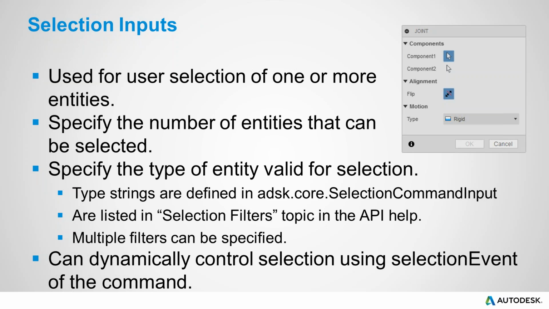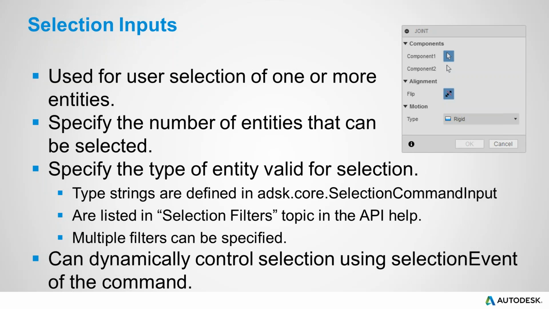And now when your command is running, and whenever the user moves over any entity that is valid for selection that you set up, so let's say I set it up so I could pick faces and planar faces. And so as the user moves over the model, he sees all planar faces highlight under the cursor as the cursor moves over it. And then he can choose to select it by clicking it.